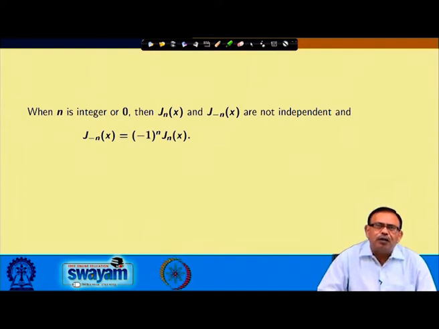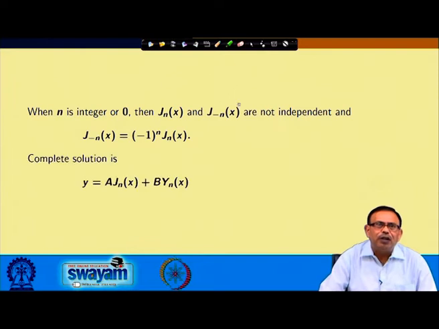Please note that it is beyond the scope of this course to tell how we derived J_n(x), or how J_minus n(x) equals minus 1 to the power n into J_n(x), because for that we would have to go through special function theory. So, I am skipping that and directly telling the solution of the differential equation, the Bessel differential equation.